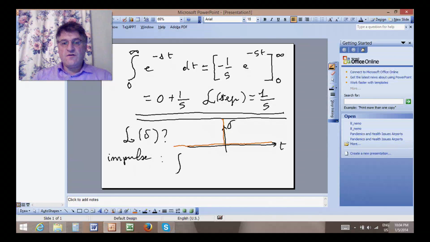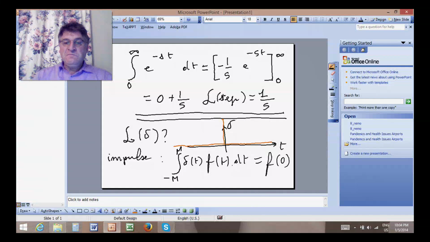The integral from minus infinity to infinity of delta of t f of t dt is equal to f of 0. So what it does is take the value of f at 0.